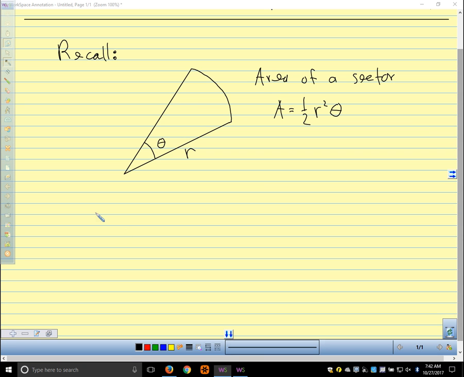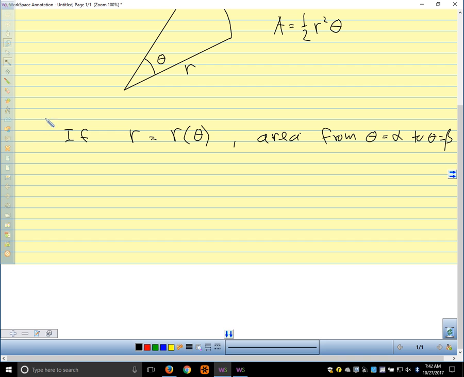All right, so if we have a function, r equals some function of theta, and we're interested in the area from theta equals alpha to theta equals beta, we have some kind of region.